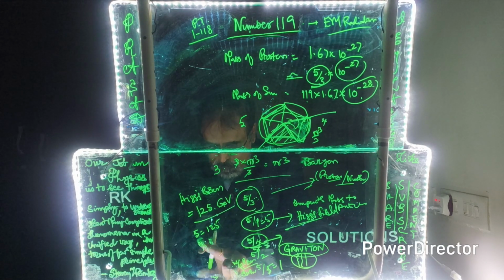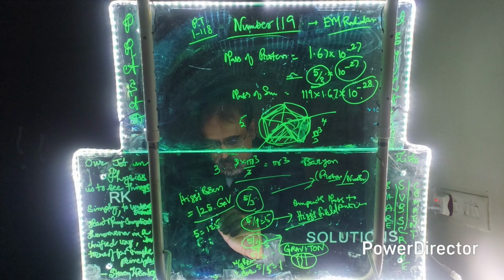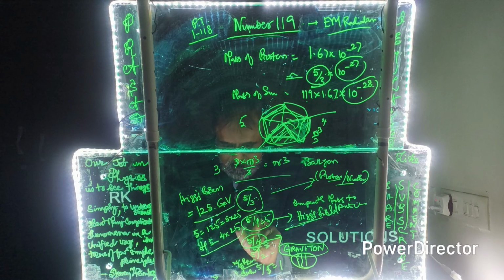Not exactly 5 by 4. Let me understand. If 5 parts is equal to 5 into 25, and if you take 4 into 25 by the same standard, what will you get? You will get 100 giga electron volts.